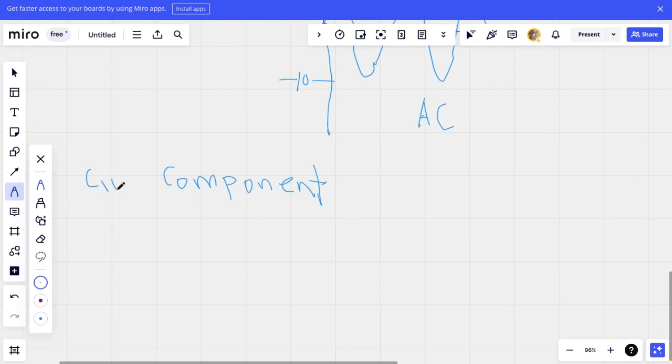Let's look at which symbols we use and the function of each of the components in a circuit. Before we write the function, we should draw the symbols, how they look. For each term we mention, we show how it looks, and then we look at its function. So we start with the first one, which is the cell.